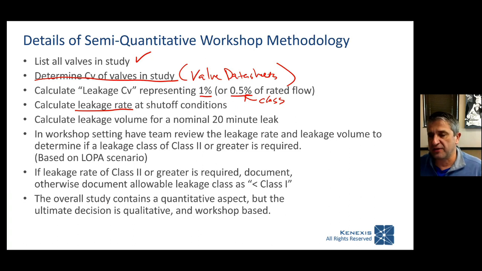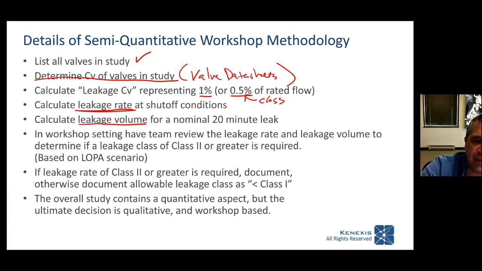And then the other leakage classes you'll do on an as-needed basis. So we know a certain amount of material, a certain amount of gallons per minute or liters per minute, is going to be leaking through this valve. Then we'll calculate a leakage volume.